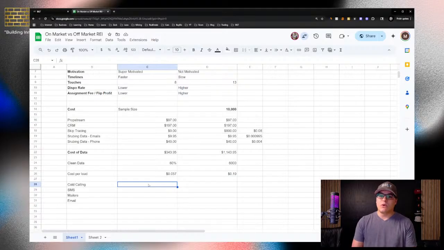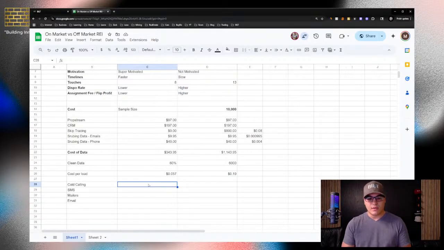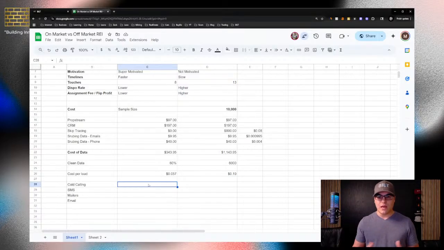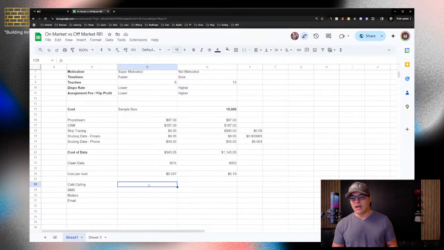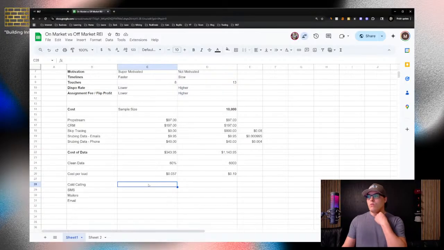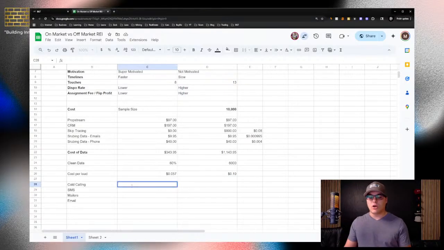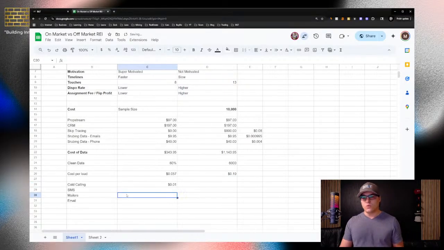So in this instance, what does cold calling cost? Let's just say you were the one calling. Let's talk about the cheapest possible right now. You're not hiring VAs, you're doing everything yourself. Of course, there's time that goes into this. Well, what does it actually cost to call somebody? And again, this could be plus or minus. These are some averages. There are actually some costs that we have in our system based off Twilio and so forth.